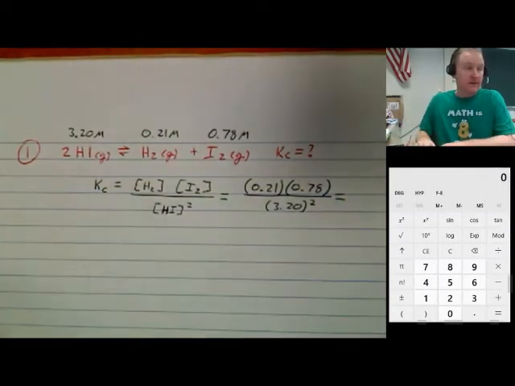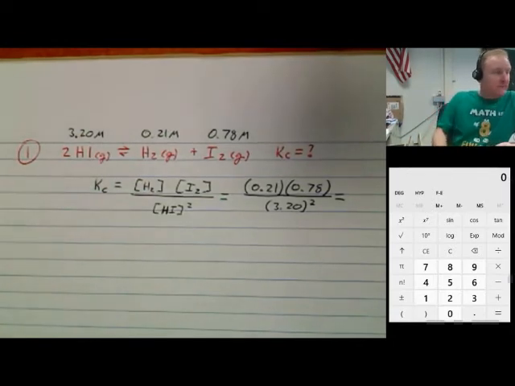So let's plug that into your calculator and see what you get. I'm going to do it the long way: 0.21 times 0.78, divided by 3.2, and divided again by 3.2 because it's squared.